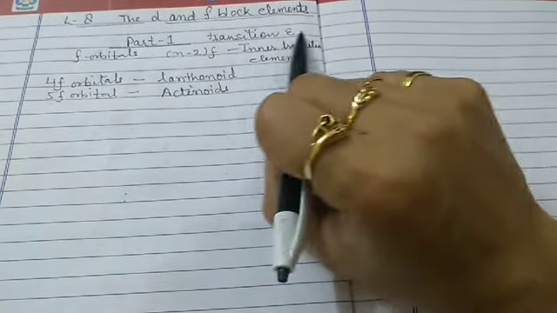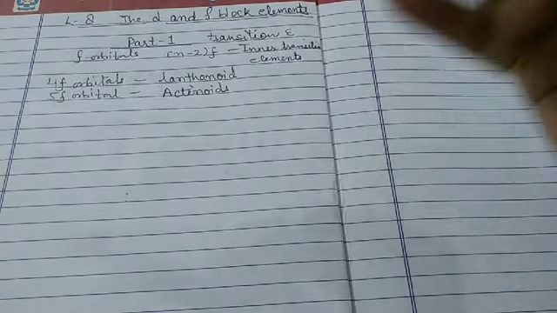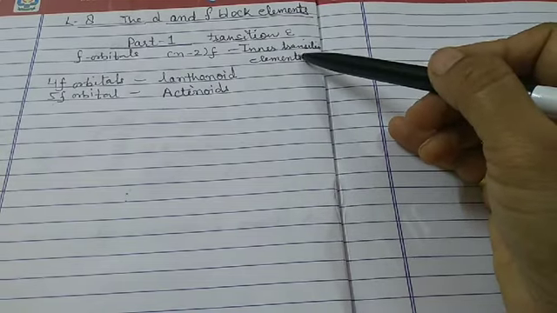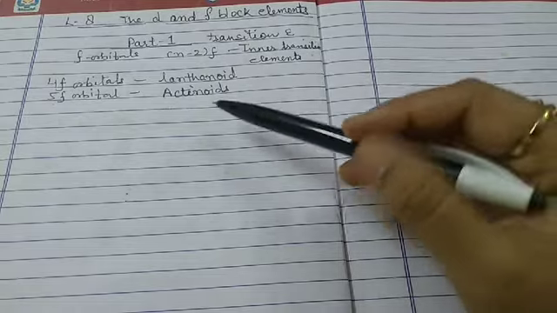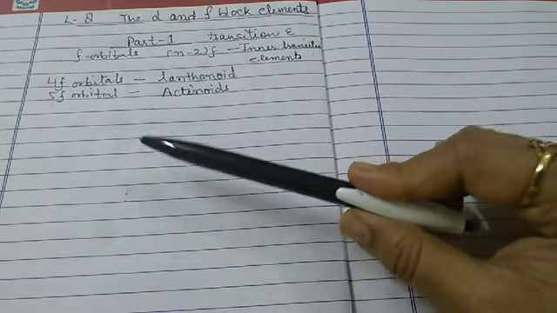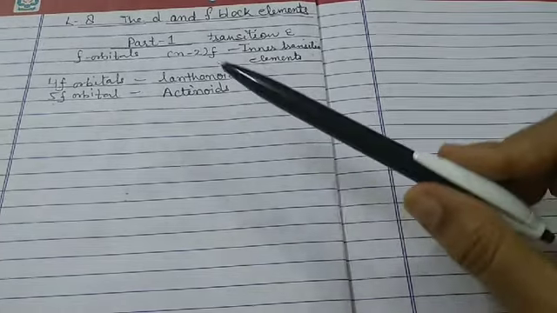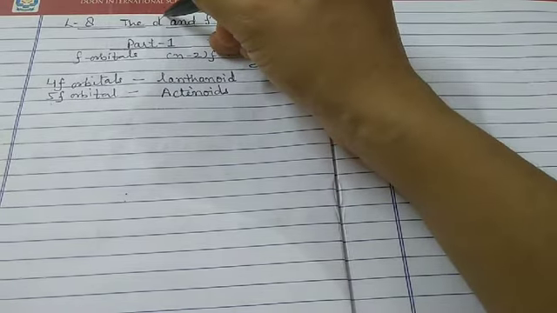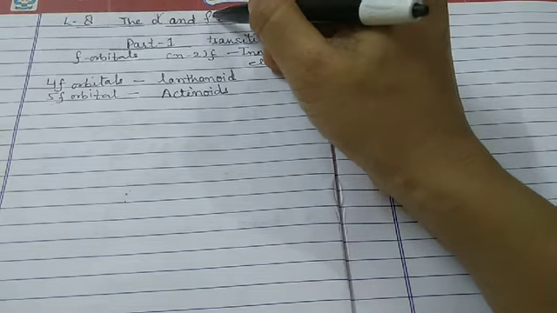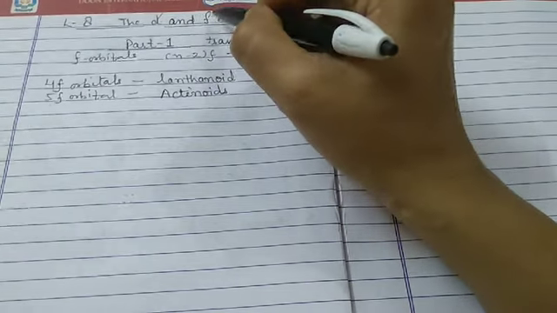D block elements are also known as transition elements, and F block elements are also called inner transition elements. The names transition metal and inner transition metal are often used for the D block and the F block.